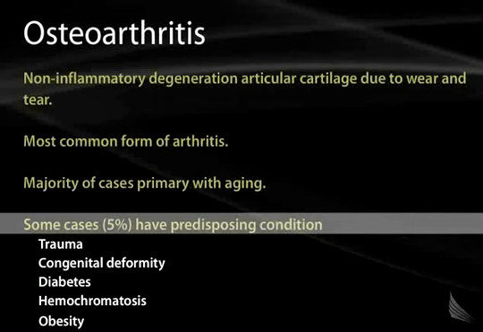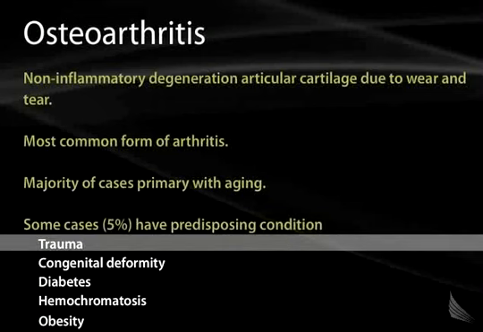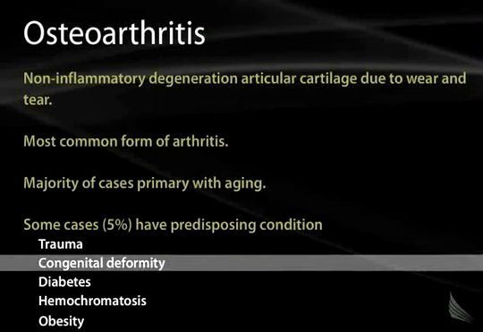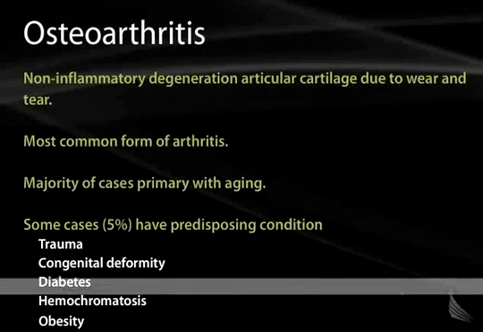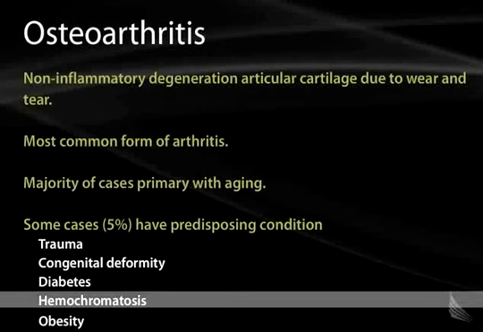These can include things such as trauma, so thus one might expect to see osteoarthritis at an earlier age in athletes who have been involved with extensive contact sports, such as football players. Those patients who have a congenital deformity, particularly those with congenital deformities of a particular joint. Diabetics are prone to the development of osteoarthritis, as are obese patients and patients with hemochromatosis.